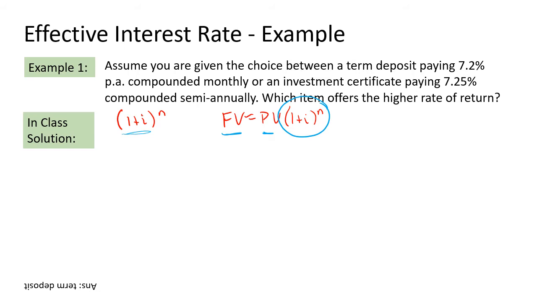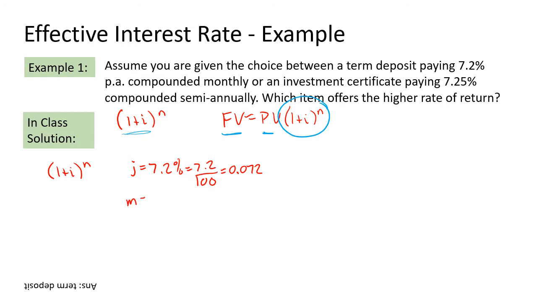So let's compare the two options. First one is 7.2% per annum compounded monthly. So again, 1 plus i to the n. What do we know? Our nominal interest rate is 7.2%, which equals 7.2 divided by 100, removing the percentage sign, which is equal to 0.072.